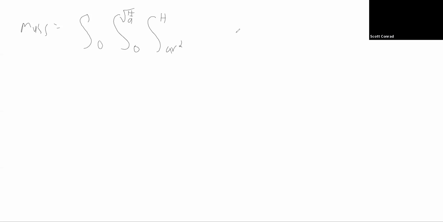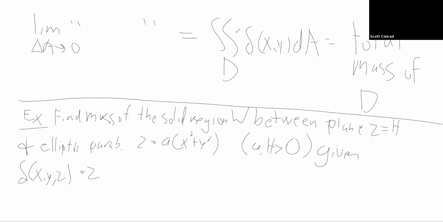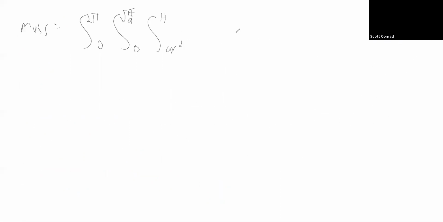Theta goes from 0 to 2 pi. So our density is, we said it was just z. And when we switch that to cylindrical, z is still z. And then dV, remember, is r dz dr d theta.